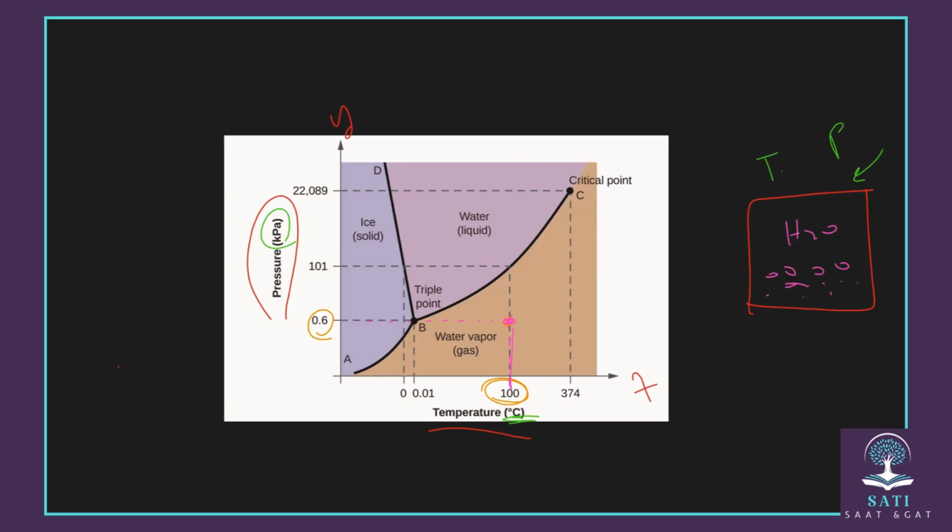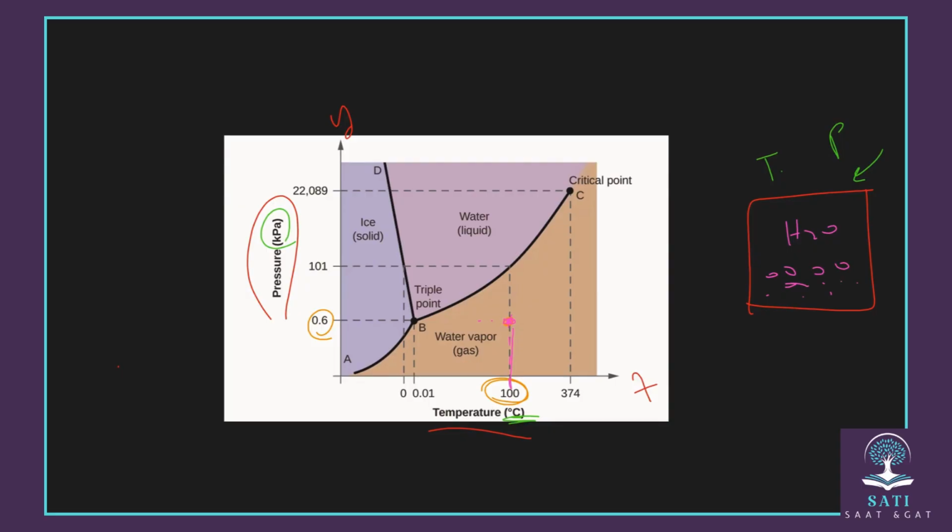Will you know from this phase diagram what the state of water is? Will it be gas or liquid or solid? It's going to be gas. As long as the point of y coordinate and x coordinate is in this color, in this region, the water is in gas state.